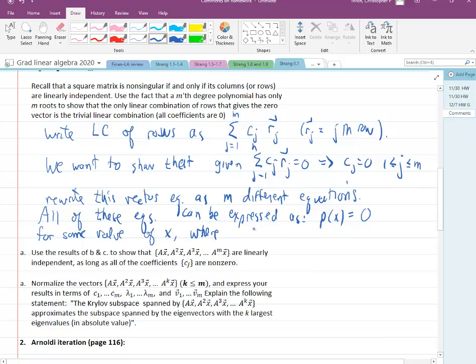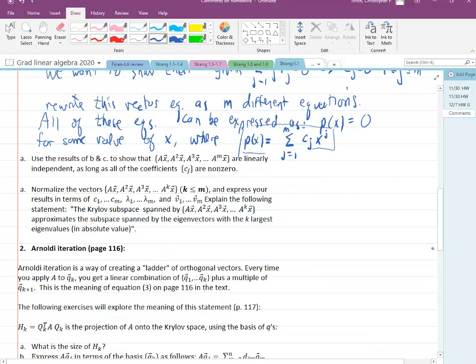Actually, I'll give you the polynomial, p of x is equal to the sum j equals 1 to m cj x to the j. So here's my polynomial. Remember that we're talking about an nth degree polynomial. Now each equation plugs in a different value of x.